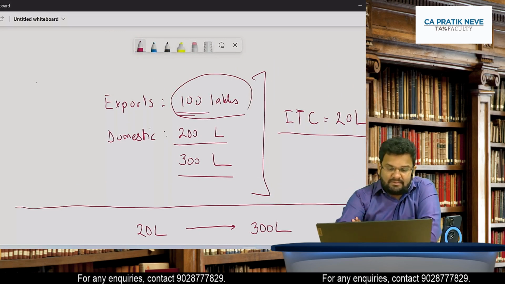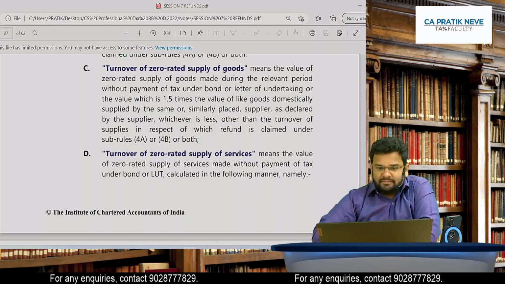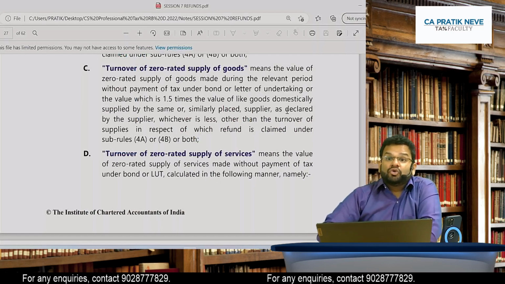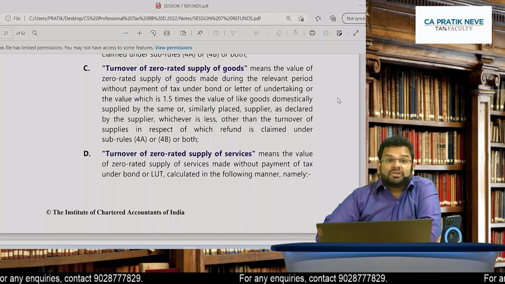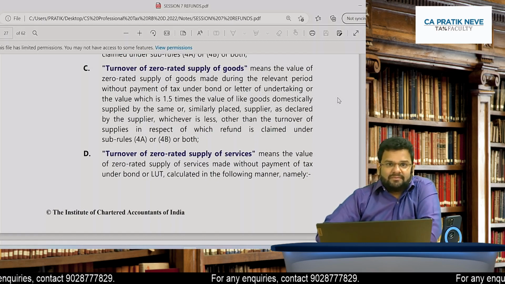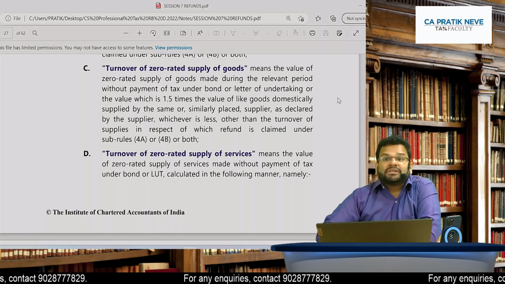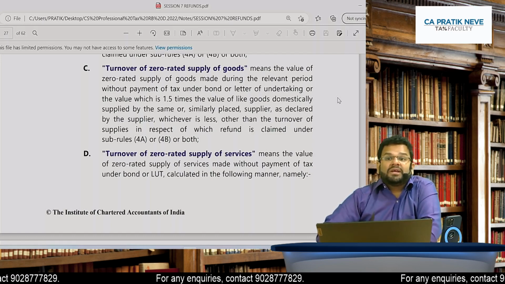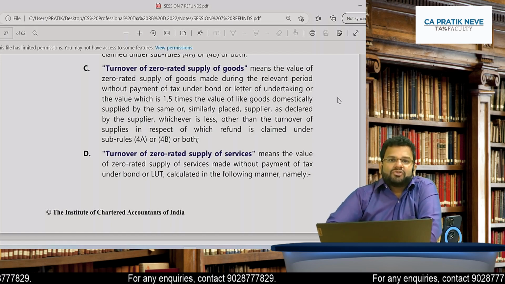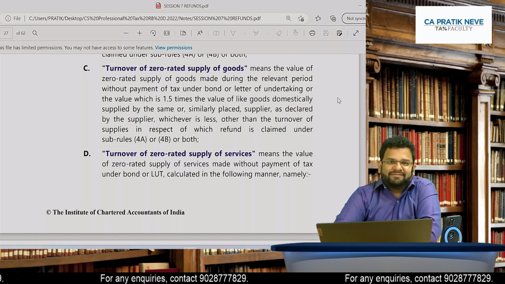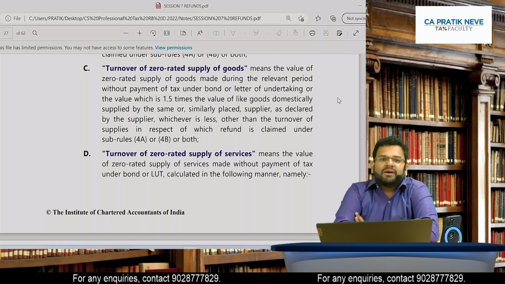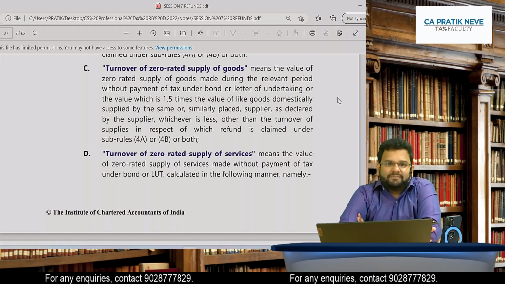Yes. Now what you should do is, you should check in India such goods are sold at what price. Suppose it is sold at 50 in India. So you should do 50 into 1.5. What is 50 into 1.5? 75.